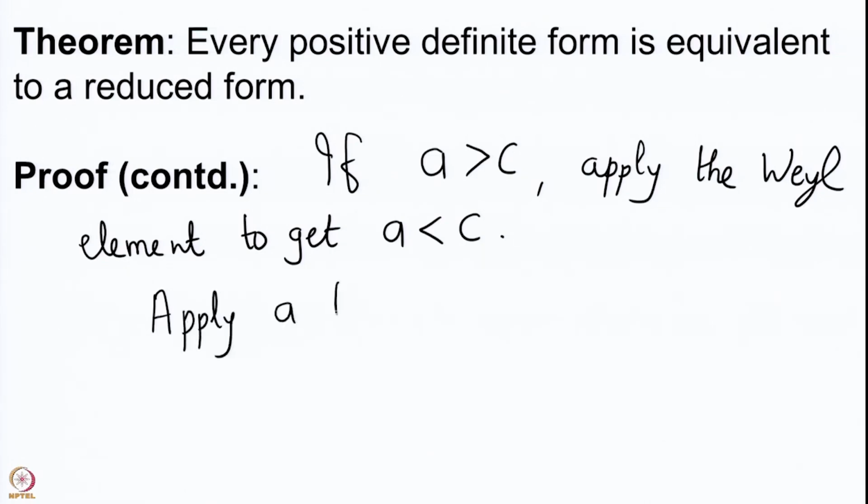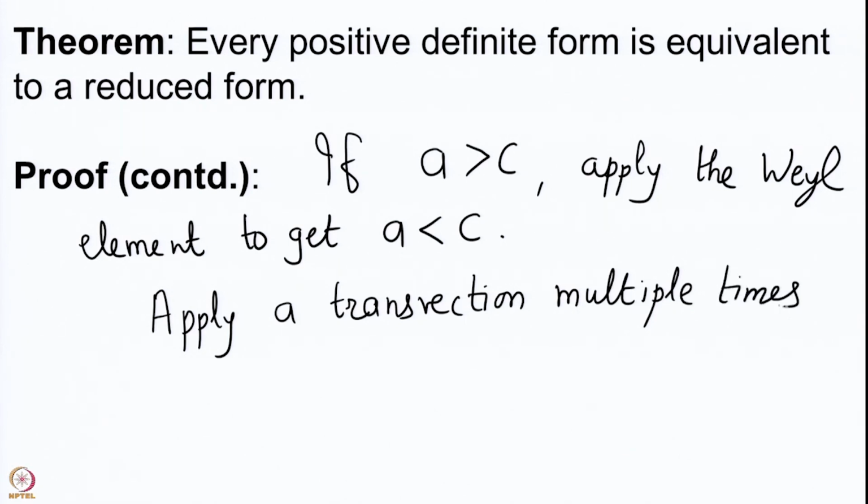Apply a transvection multiple times to get B within minus A and A.